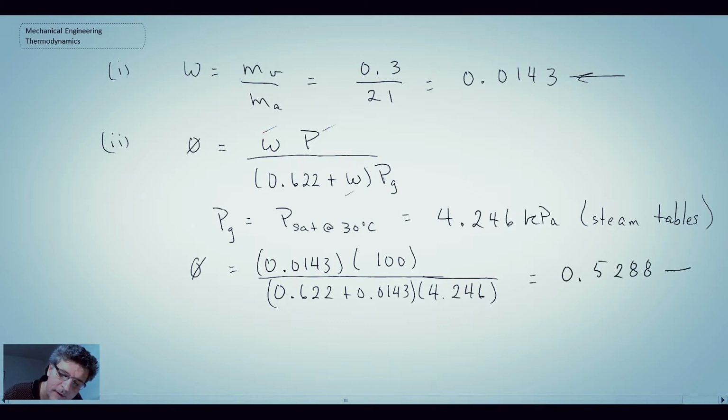And we get 52.88%. The last part, they want us to calculate the volume of the tank.